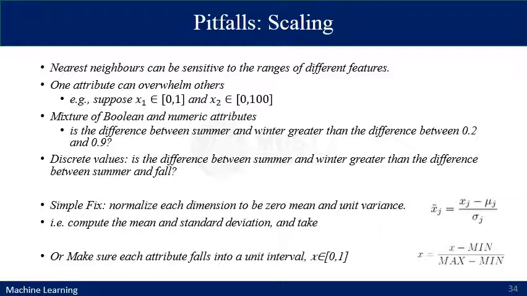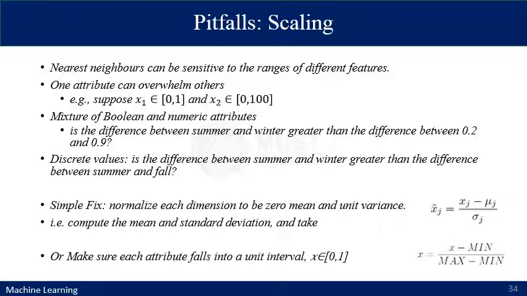However, if you have another parameter which ranges from 0 to 100, it will significantly contribute towards the actual distance calculation. So you may have also the problem of mixtures of Boolean and numeric attributes, and it is difficult to calculate the different values for the numeric and Boolean attributes.